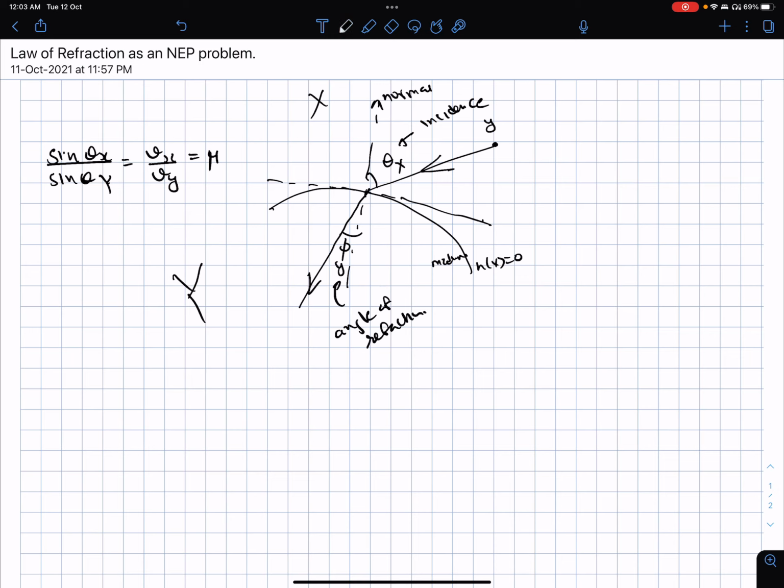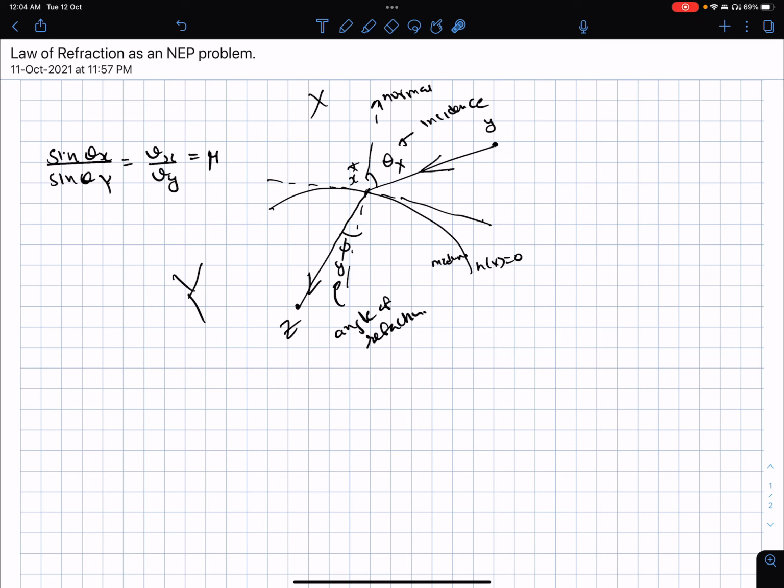Then we know that this point x star is determined in such a way, if you have to reach from y to some point z here, that the ratio of the sine of the angle of incidence to refraction is equal to Vx by Vy, which is equal to mu.